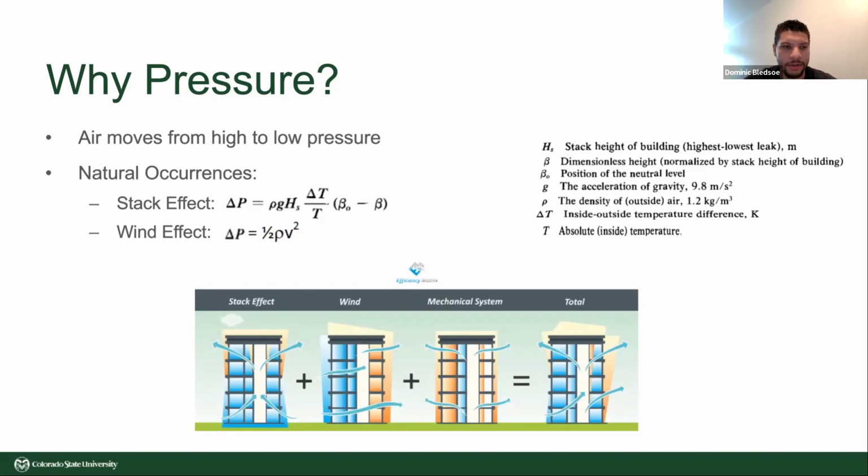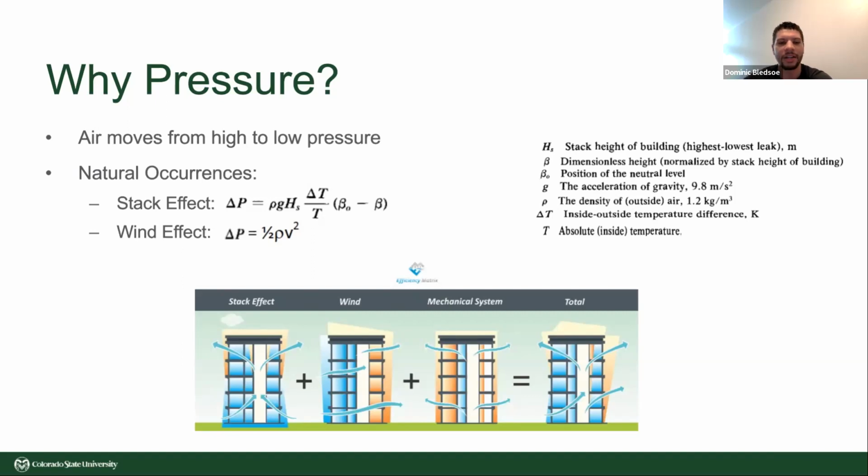The second natural pressure difference causing effect is the wind effect. This one isn't developed by a lab or anything. It just comes from good old fluid dynamics. The Bernoulli equation relates to wind speed and density.